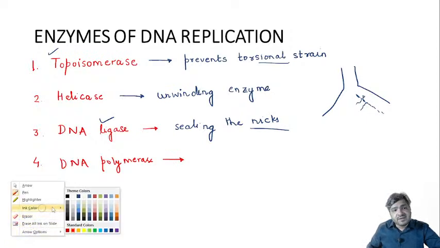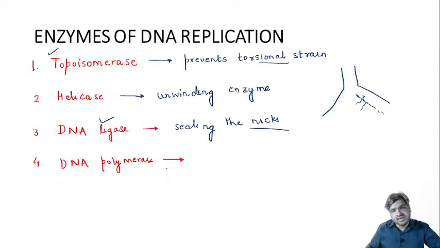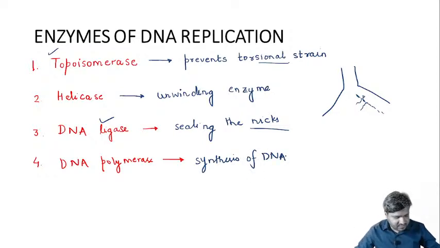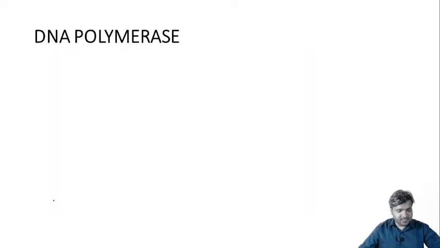DNA polymerase is involved in the synthesis of DNA and synthesis of the new strands. Now we will talk about DNA polymerase in detail, so put the heading as DNA polymerase.